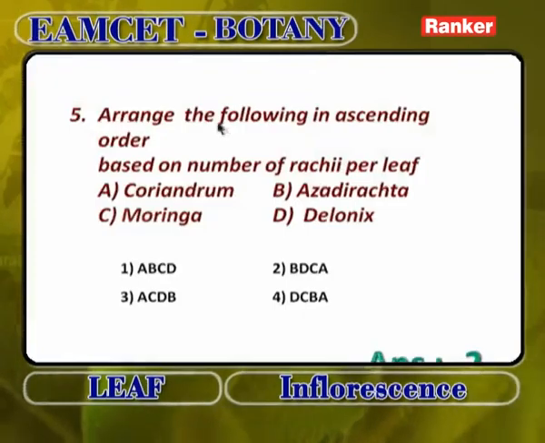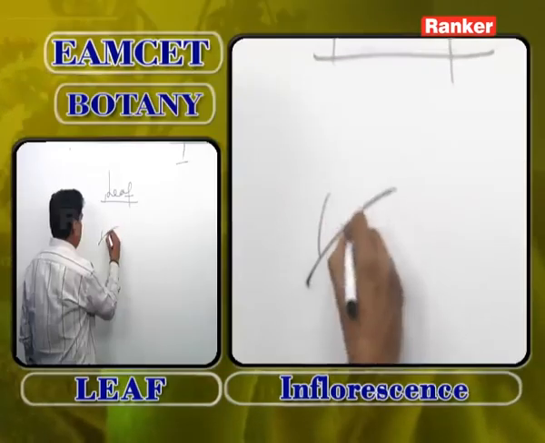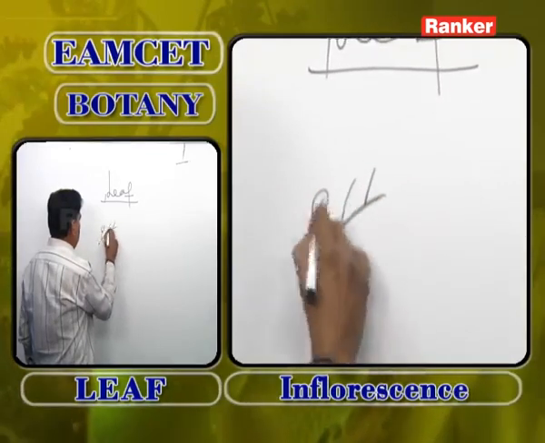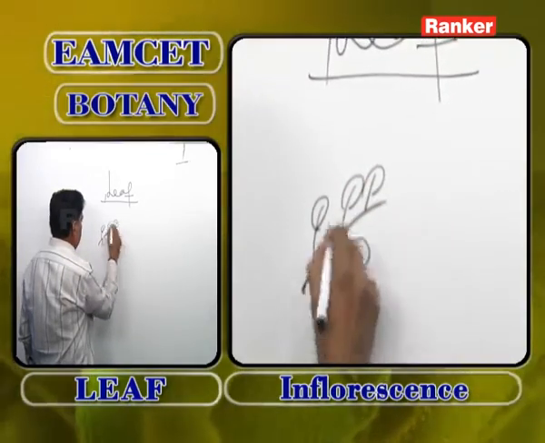Next, arrange the following in ascending order based on the number of rachis per leaf. Azadirachta has only one rachis, that is the primary rachis. Leaflets are arranged on both sides of the primary rachis in Azadirachta.